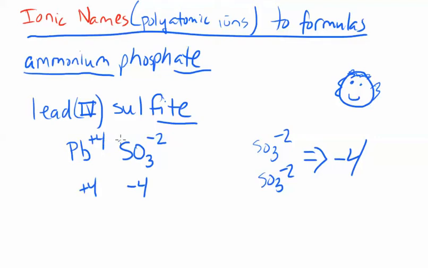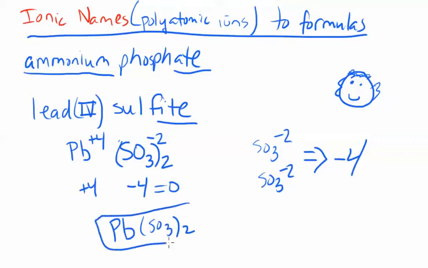So anytime we need more than one of a polyatomic ion, we have to put it in parentheses, and we need 2, so we give it a subscript of 2. So 4 minus 4 equals 0. So we need 1 lead and 2 sulfites, and then we have to rewrite the formula without the charges. And there it is. All right, there's our formula for lead 4 sulfite.